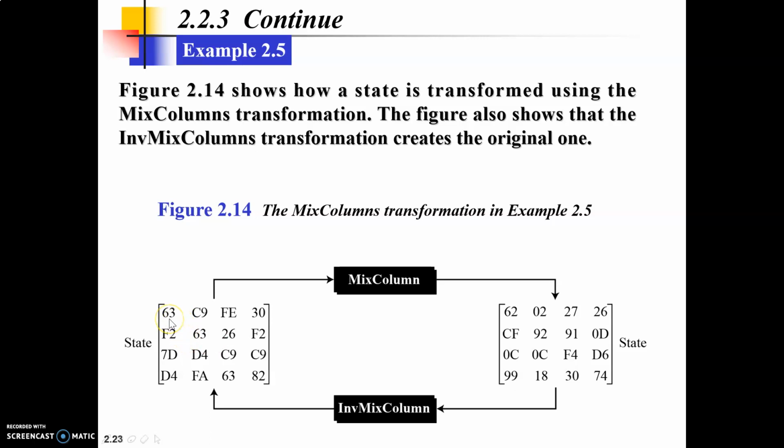For example, suppose this is the state that is given to you and you are supposed to perform the MixColumns operation. Then the first column, that is 63, F2, 7D, D4, is going to be multiplied with the constant matrix, and the result that you get is going to be 62, CF, 0C, 99.